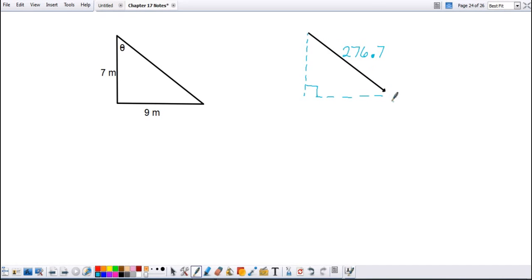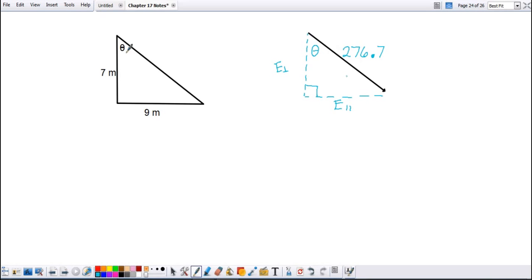So we know the magnitude of the electric field that's going down and to the right, but we need to know these components, the perpendicular component and the parallel component of the electric field. To do that, we need to know more about this triangle. We need an angle other than just this 90. We need one of these two. So I'm going to label the angle up at the top here, theta.